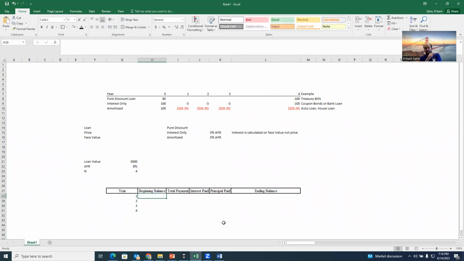So beginning balance means beginning of year 1, okay? Beginning of year 1 is the loan value at year 0, 5,000.